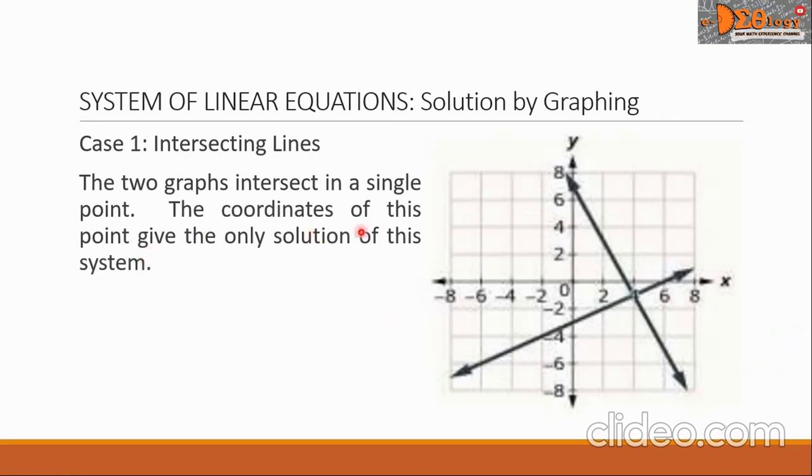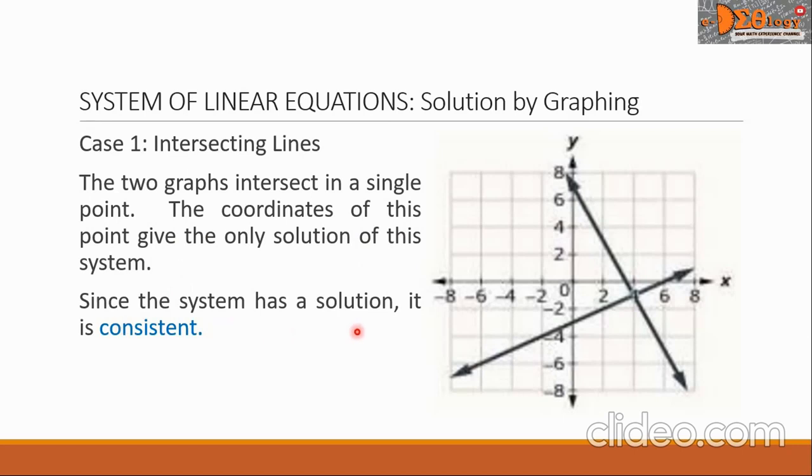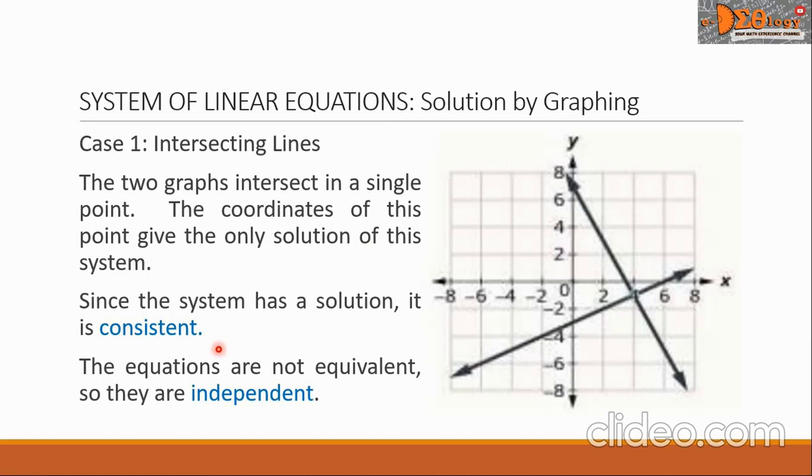The coordinates of this point give the only solution of this system. Since the system has a solution, it is consistent. The equations are not equivalent, so they are independent.